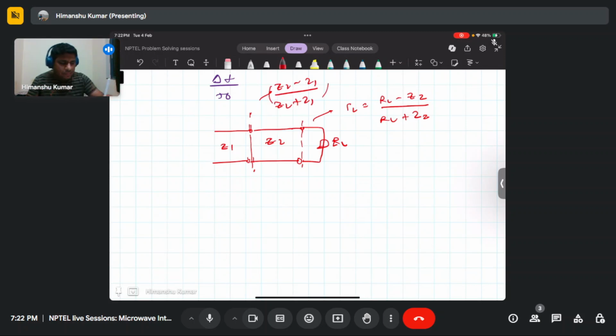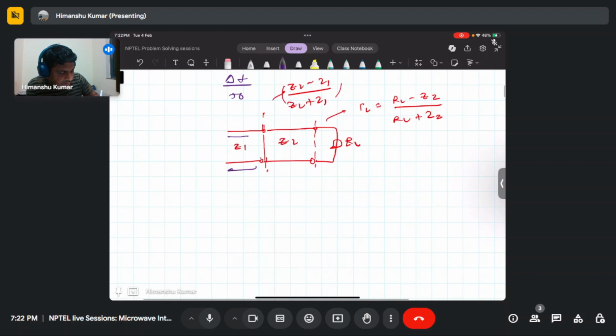Suppose these lines are not matched. Then once you transmit a signal, there will be a reflected signal corresponding to gamma 1 times V in, or V plus, and the signal which gets transmitted is again reflected back, and that back reflected signal again goes back and gets reflected from this line.